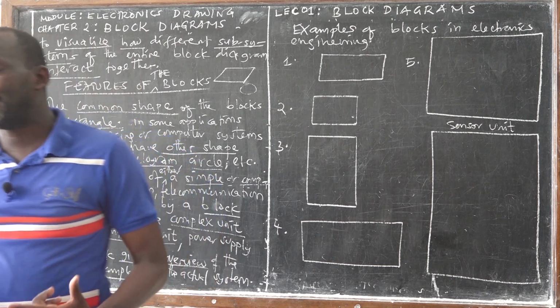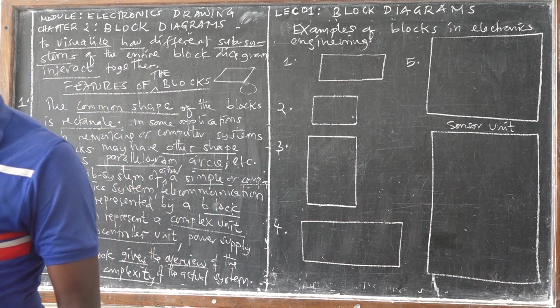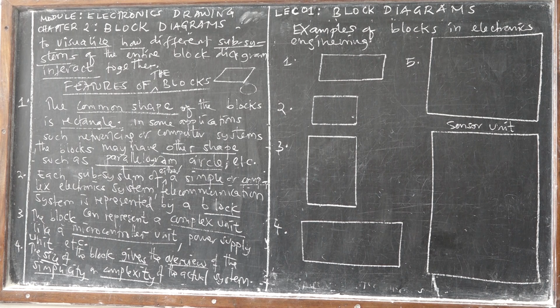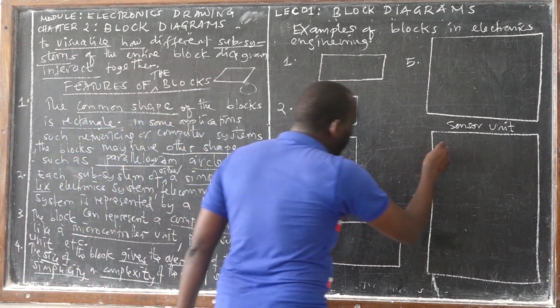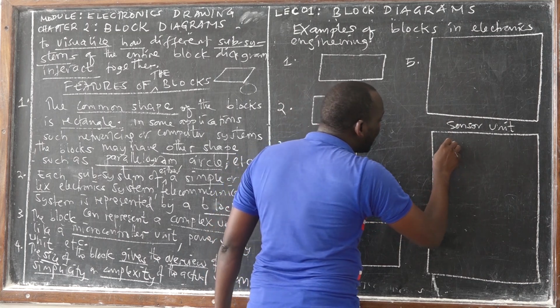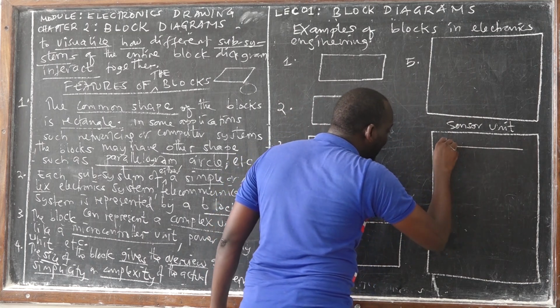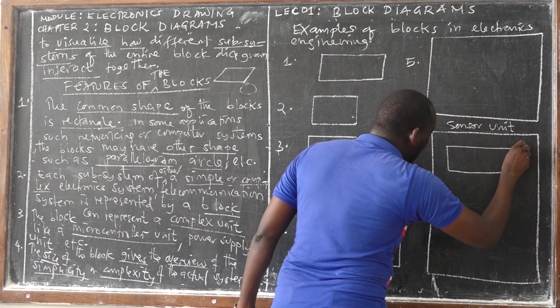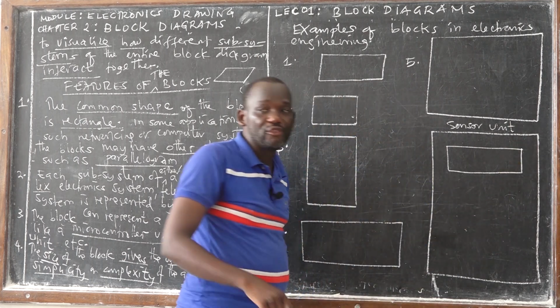But in actual implementation, or after doing the data collection and data analysis, we realize that you need different types of sensors. So within this entire complex unit that we call the sensor unit, you will have a block within it. Maybe this block represents the functionality of the first sensor.